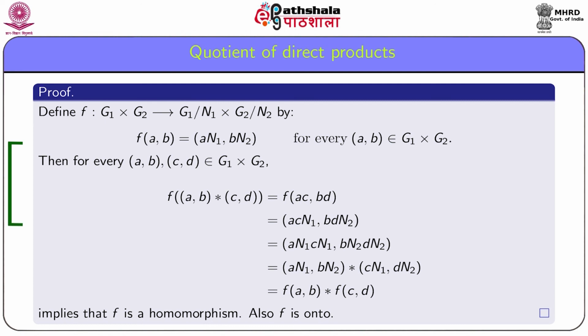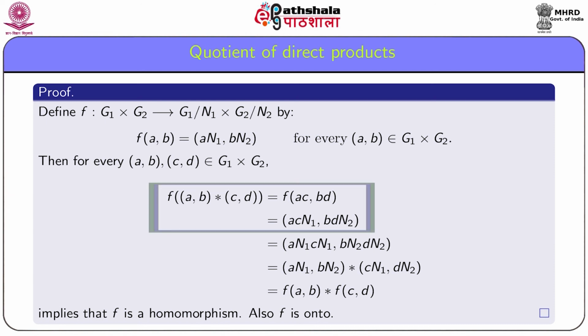First, to prove that f is a homomorphism, f((a,b) star (c,d)) is equal to f(ac, bd), which is equal to (acN1, bdN2), which is equal to (aN1 cN1, bN2 dN2), and this is equal to the pair (aN1, bN2) star the pair (cN1, dN2), which is equal to f(a,b) star f(c,d).